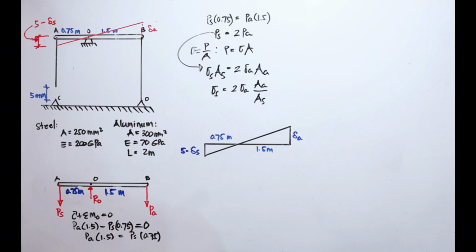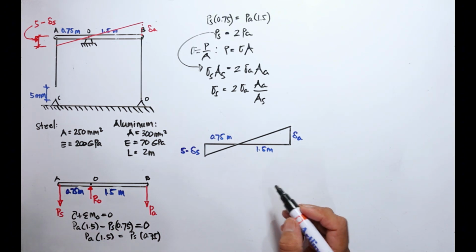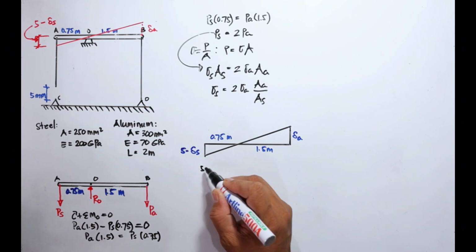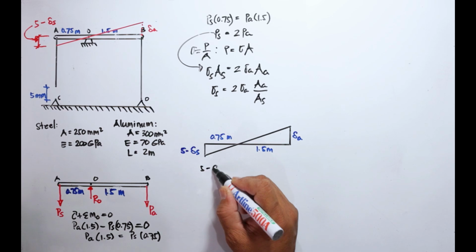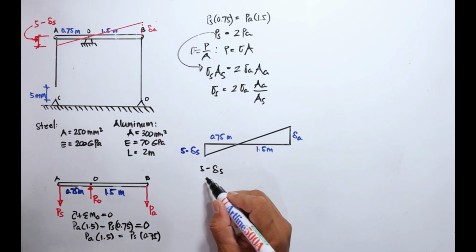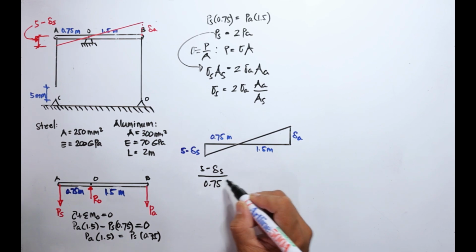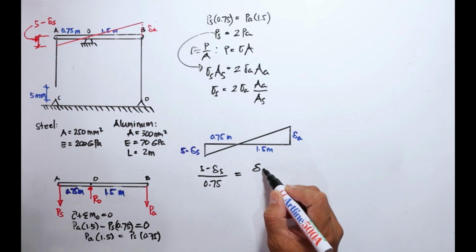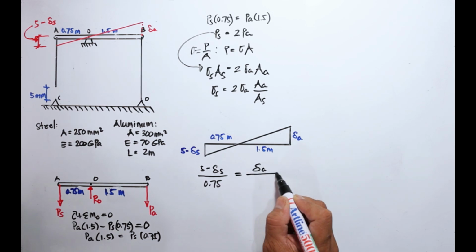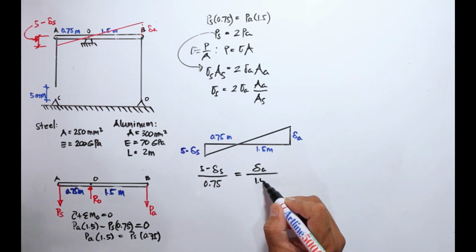So we have two similar triangles. We can use ratio and proportions here. So by ratio and proportion, we have 5 minus the deformation or elongation of steel divided by 0.75 equals deformation of aluminum divided by 1.5.